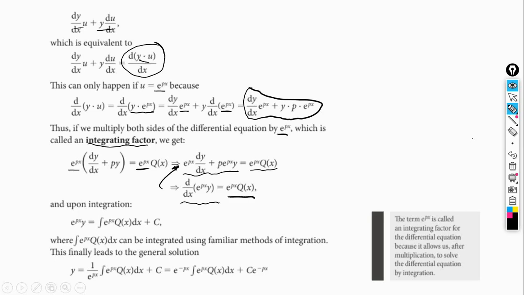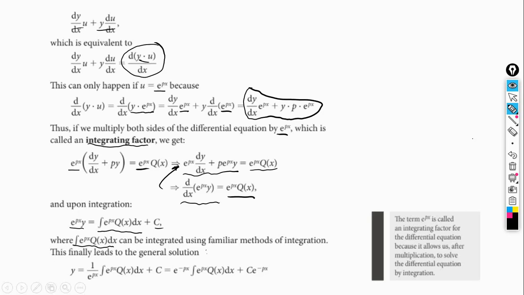Upon integrating, we're going to get this on the left-hand side. And on the right-hand side, we have to integrate e to the power of px times q of x dx plus a constant c we're going to get, right? So this expression can be integrated using familiar methods of integration, which finally leads to a general solution.